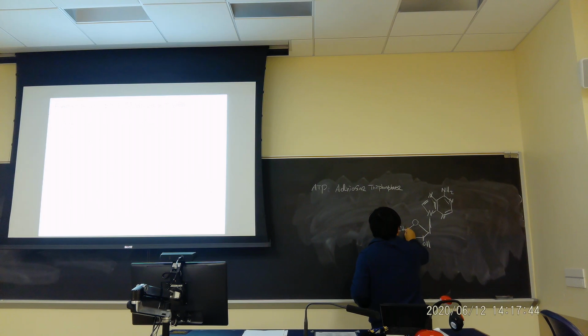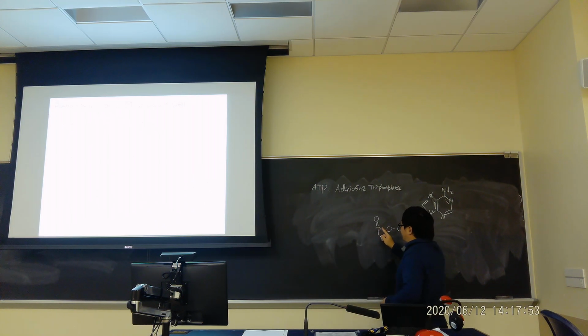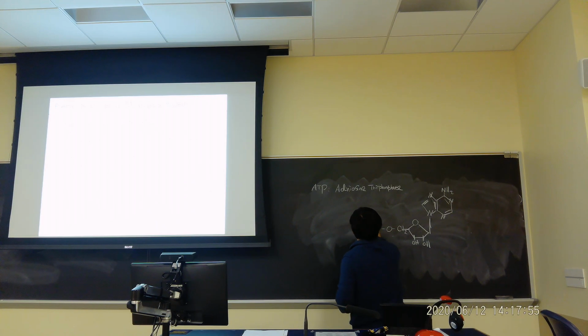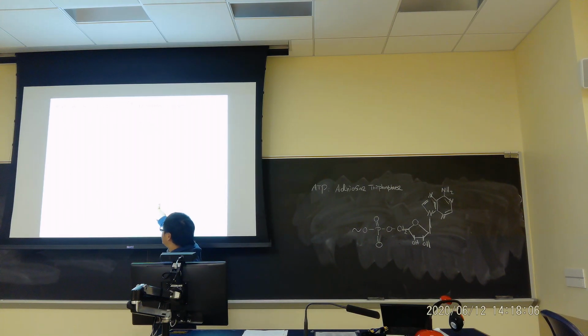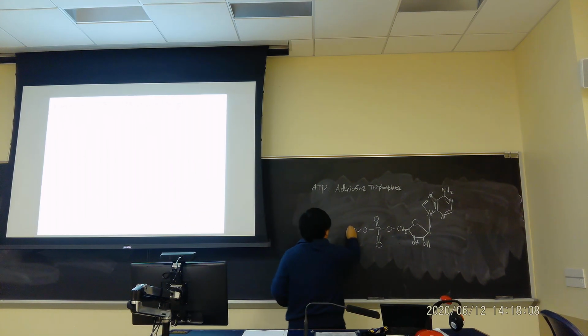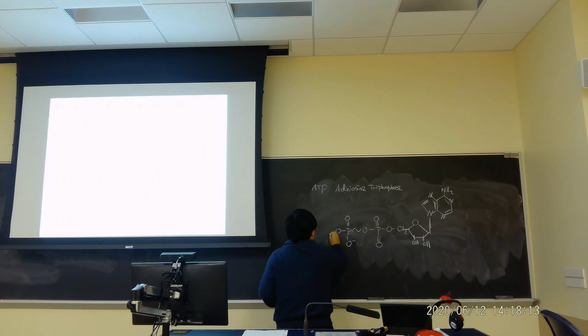Here, we have this guy, and goes here, we have oxygen first, and this guy. Remember, the phosphate is always 5, it's a shared 5 electron. So this guy goes here, this guy goes here. And then they use an arrow here, that means it's important. Then goes here, we have another one.